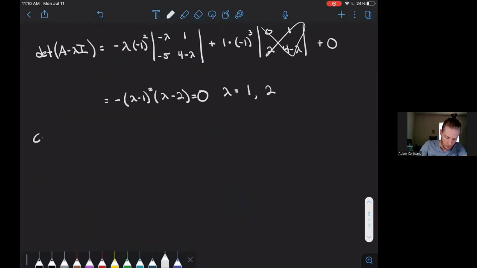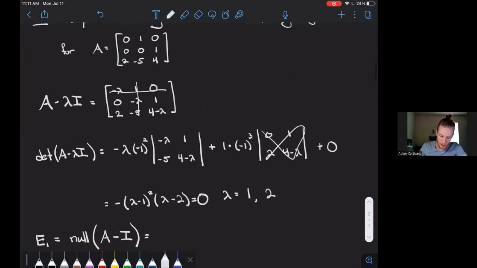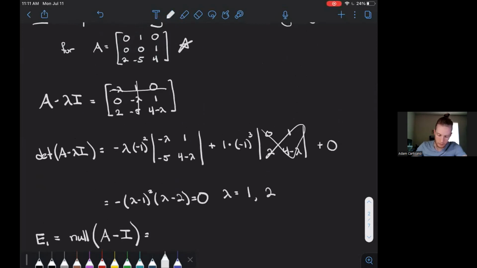So compute, I'm just going to write E1. This is going to be the null space of A minus 1I, A minus lambda I, right? So A minus just I. And when we do that, we have to take our original matrix and subtract 1 from each of the elements on the main diagonal.